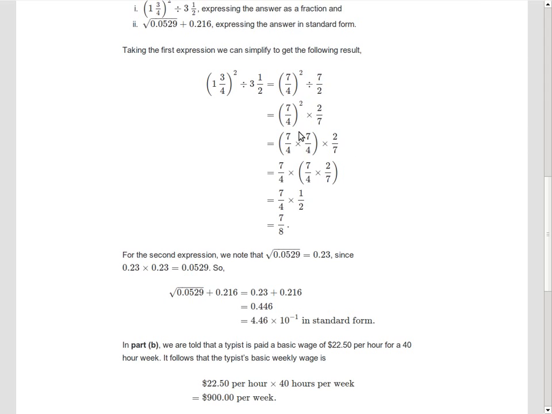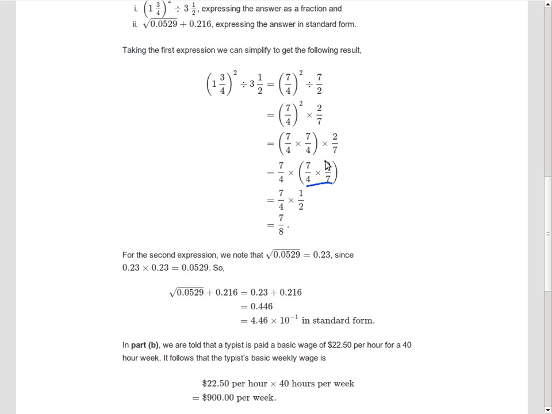Well, the next thing I chose to do was expand the squared. So this is 7 over 4 squared, that's 7 over 4 by 7 over 4. And then I used the associative law in mathematics, which basically says we can do the multiplication by grouping in any way we like. And so I decided to group these two fractions here because I noticed that they have factors in common, and that would allow me to reduce the fractions.